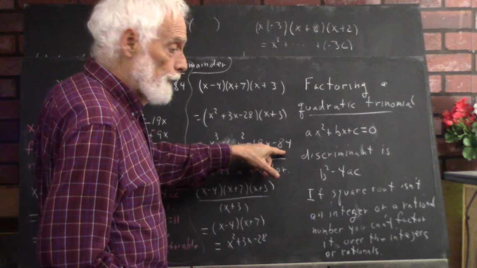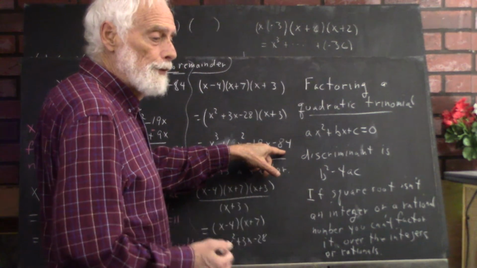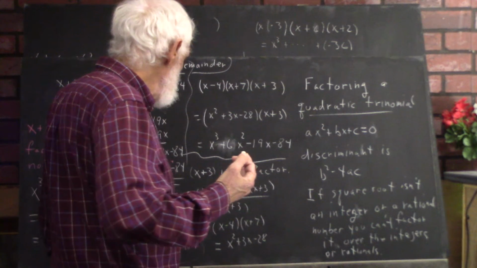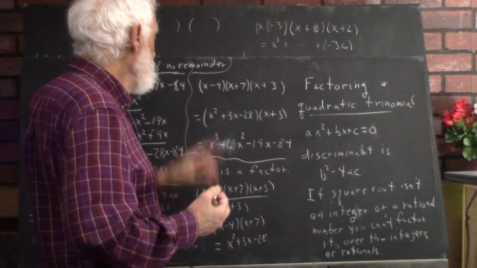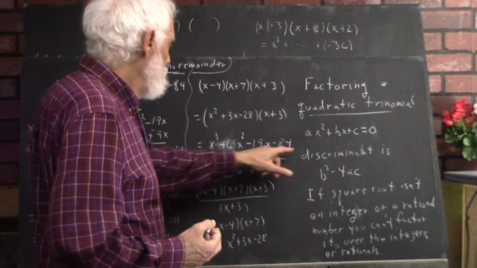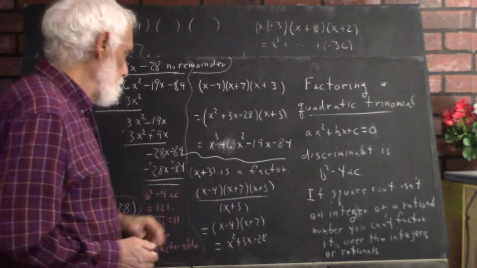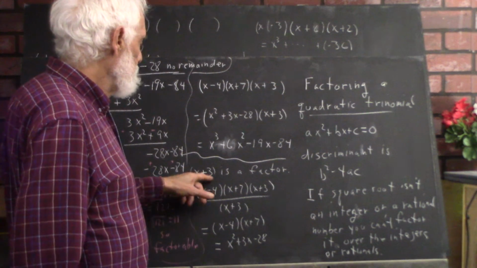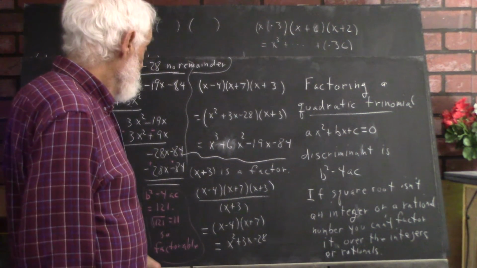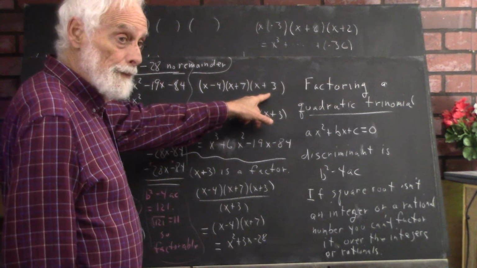So the factors of 84 give you the possible linear factors of this polynomial. Okay, well, I'm just going to tell you, we know that x plus 3 is a factor because, of course, there it is.